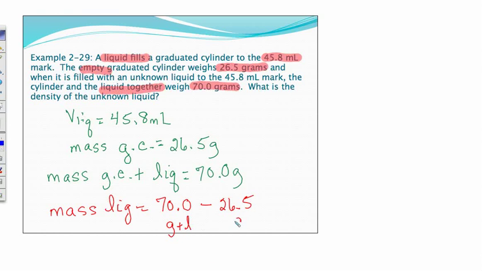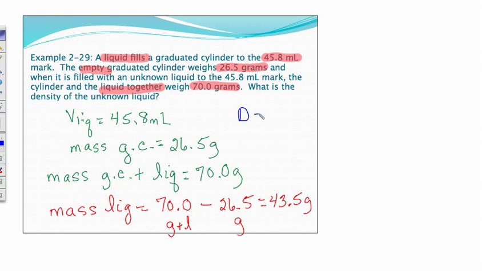So this is my graduated cylinder plus liquid. This is my graduated cylinder. So that's going to give me my liquid alone, and my mass of my liquid is going to be 43.5. This is something common you would do in the lab, and we have a very good density exploration for you.